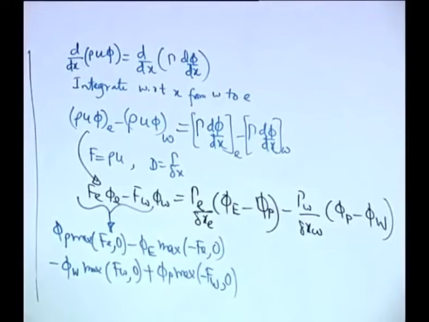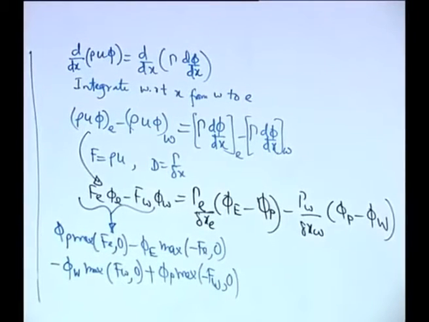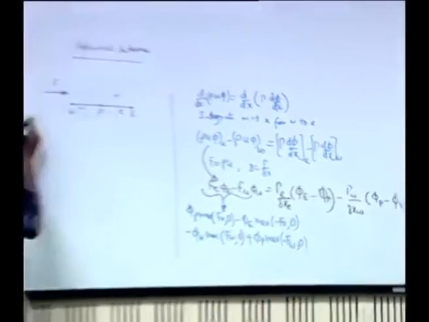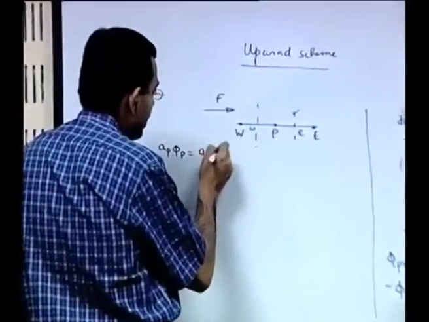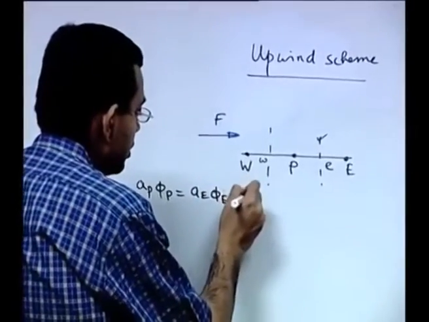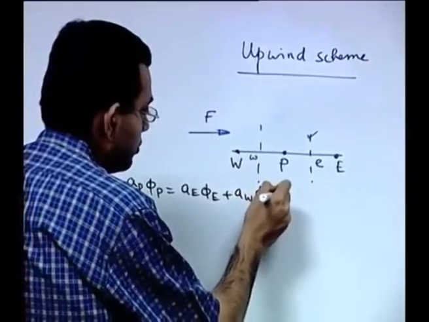So this we can organize as A_P phi_P is equal to A_E phi_E plus A_W phi_W.